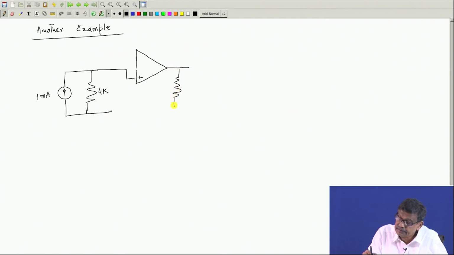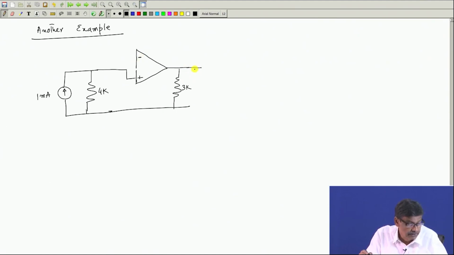There is a 3 k connected, and this is plus and here is a minus, there must be negative feedback. Let us see where the negative feedback is taken from.